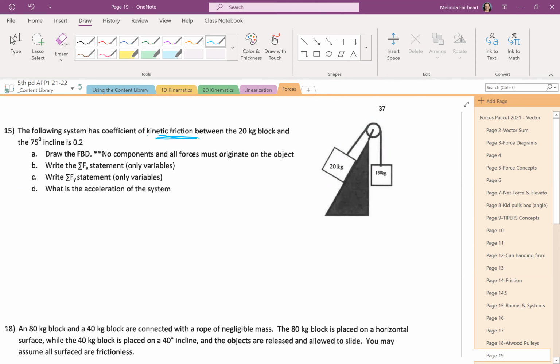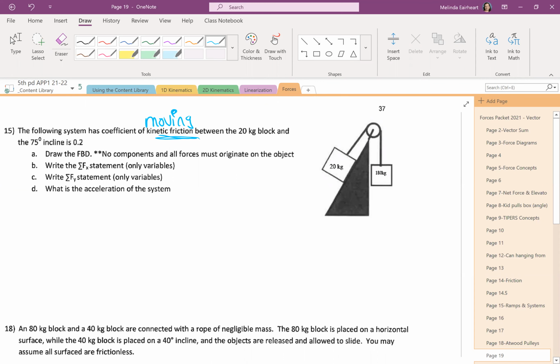The following has a coefficient of kinetic friction. At least we know the system is what? Moving. We don't have to make that decision, right? If they gave you both, maybe you'd have to calculate the maximum static to see if it would even move in the first place. But we are moving. 20 kilogram block and a 75-degree incline.